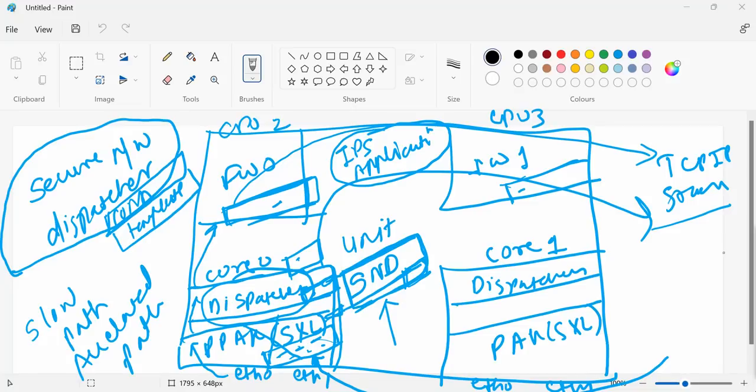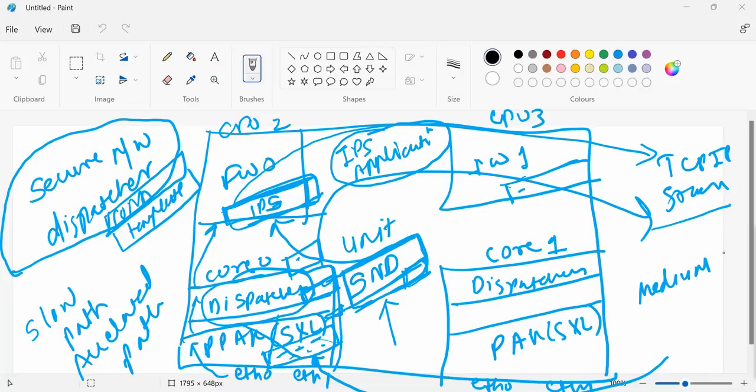So the feature of IPS will be delivered, the processing part, from this instance only. For example, this instance has the IPS functionality. So processing the packet via only the secure Excel SND will not help here. That packet needs to go to this firewall kernel instance to process the IPS sort of things, the IPS sort of enforcement. Such packets need to take a path which we call the medium path.